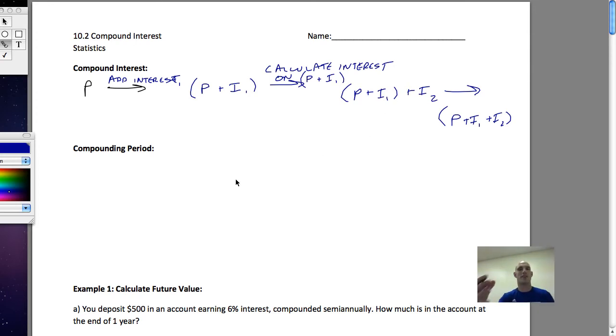The compounding period is where we make our money. The compounding period is how many times or how often we compound. Okay? It's how often we compound.